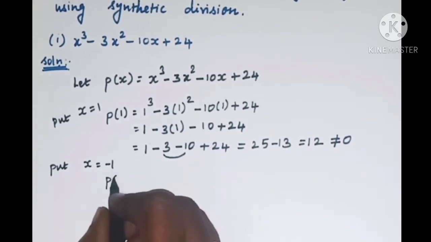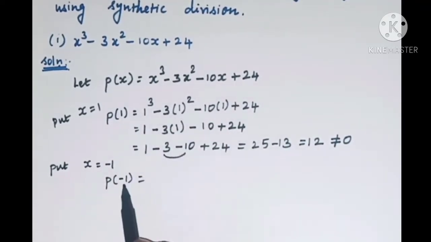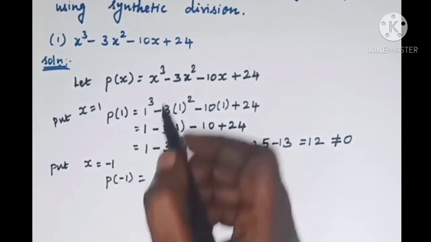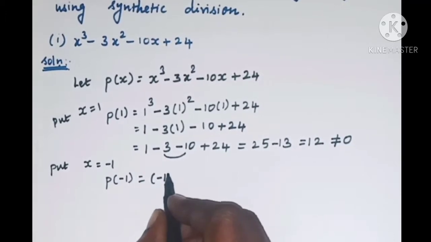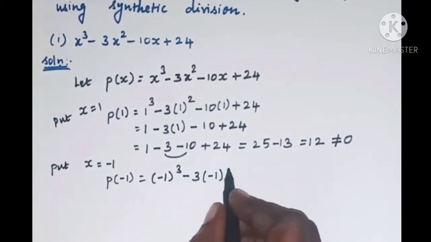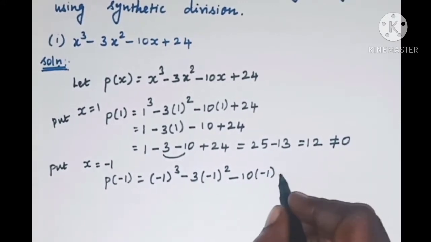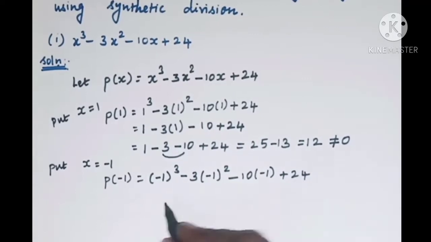So P of minus 1 is equal to, in the place of x, we substitute minus 1 now. So minus 1 the whole cube minus 3 into minus 1 the whole square minus 10 into minus 1 plus 24.